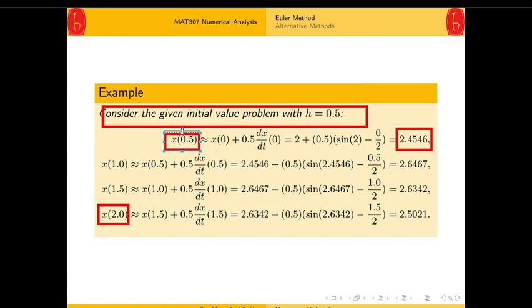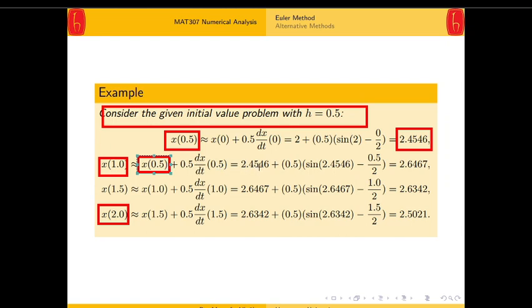So we have found an approximation to x of 0.5. We can use this information to get x of 1, using the same idea again. X of 1 will be approximated by x of 0.5 plus h times the function value at t equal to 0.5.